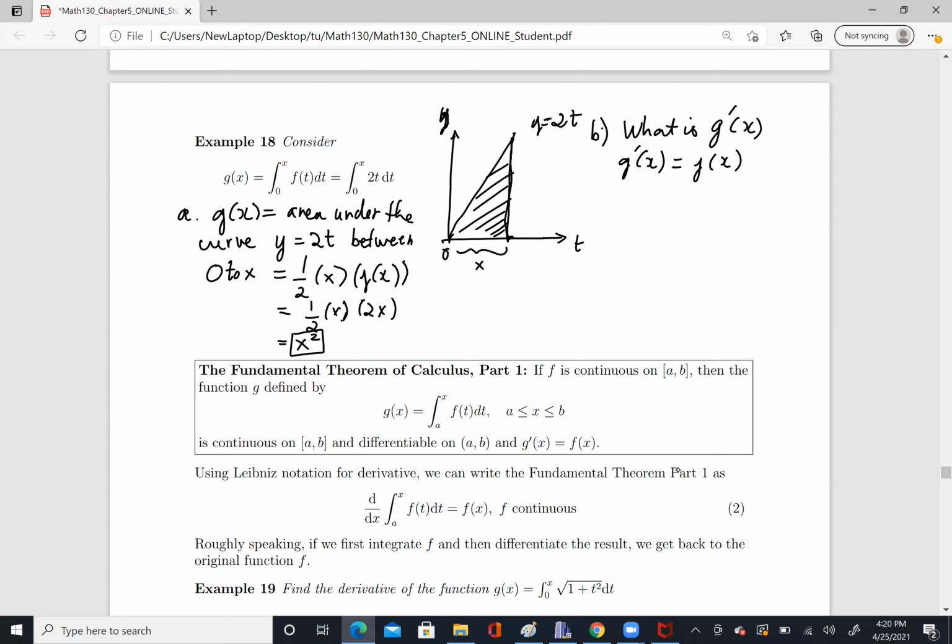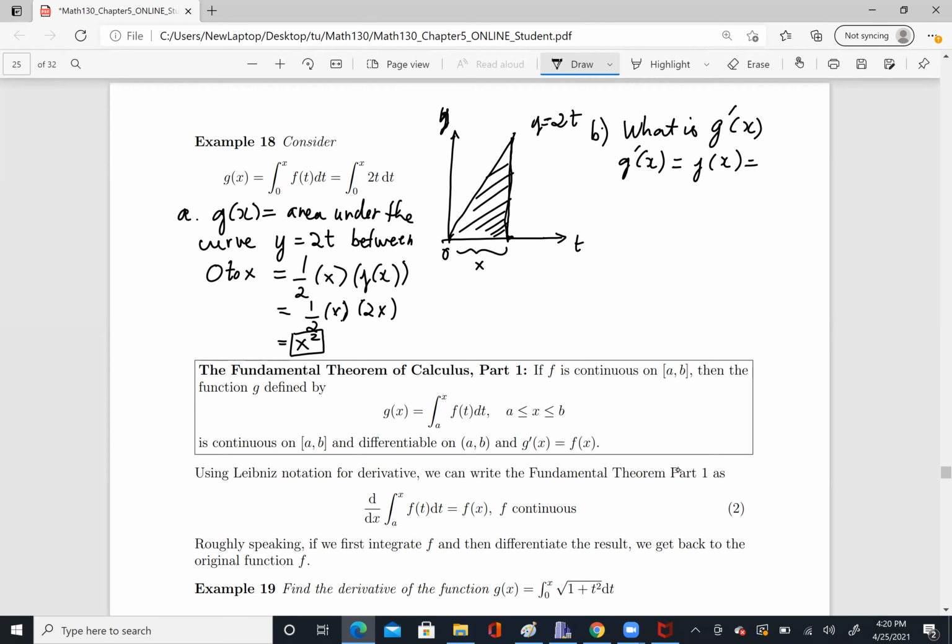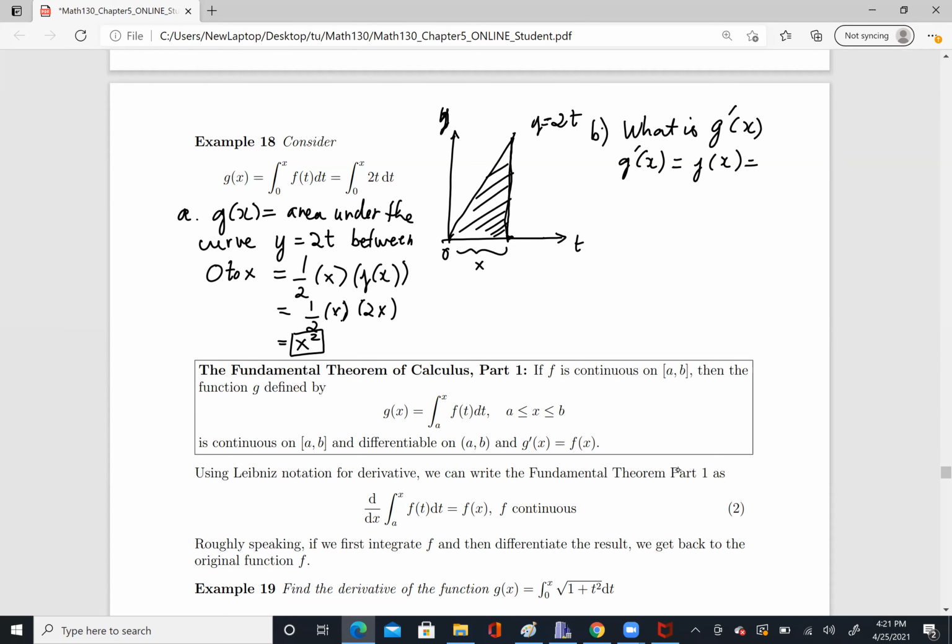Because g of x is entirely derivative of, how can I say? No, g of x is entirely derivative of mx. Right? So that's why I have g'(x) will be f(x) and will be equal to 2x.